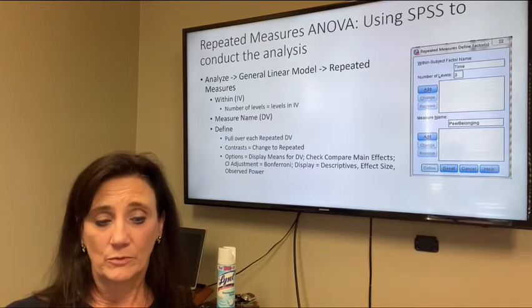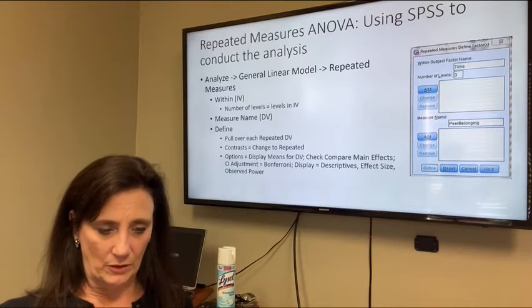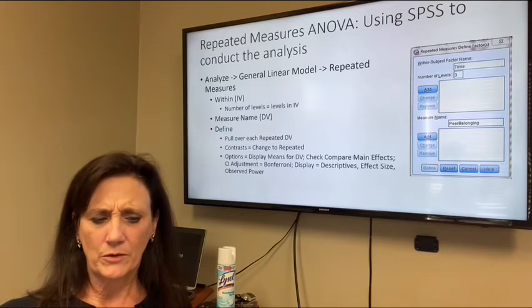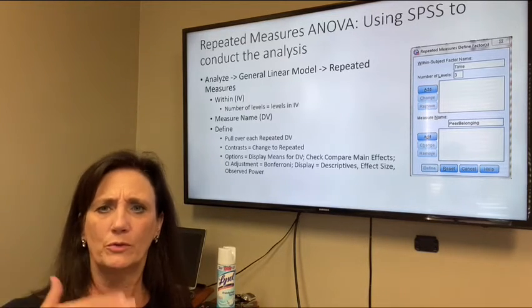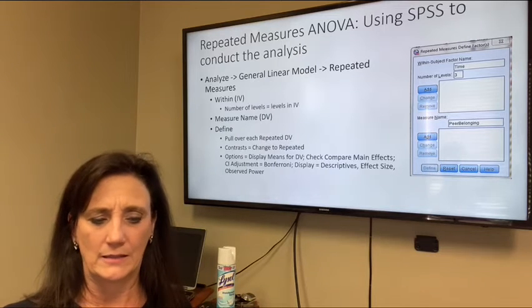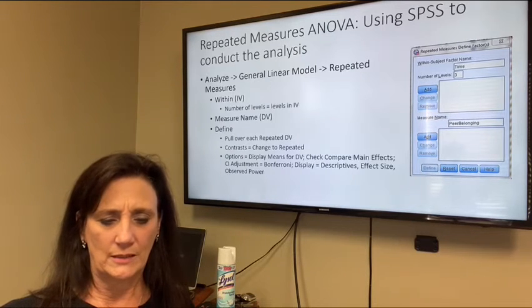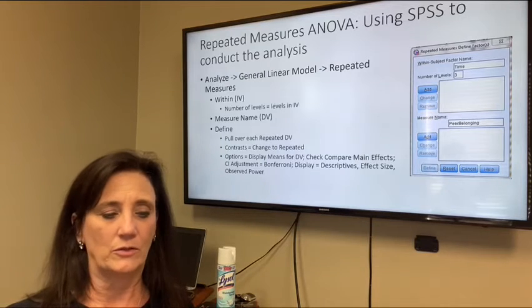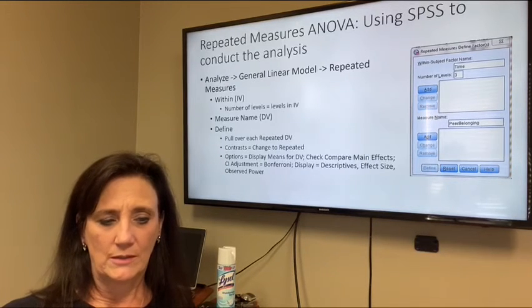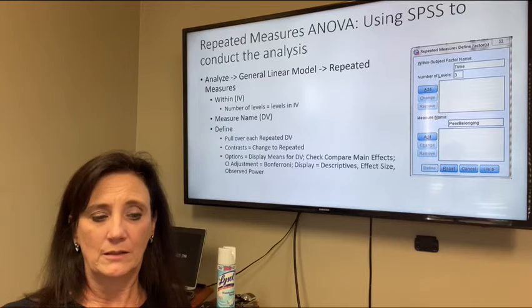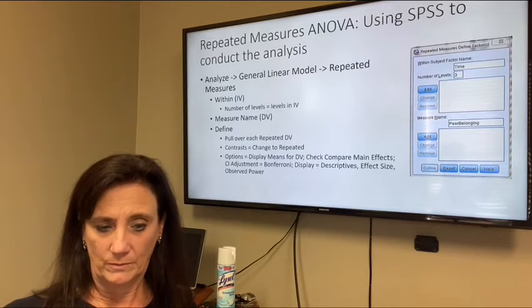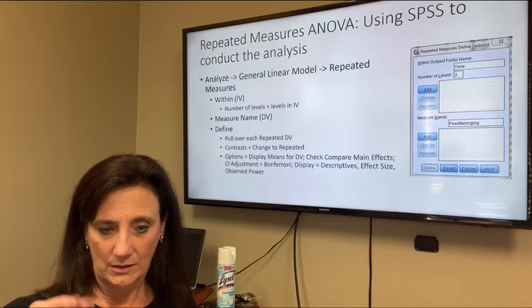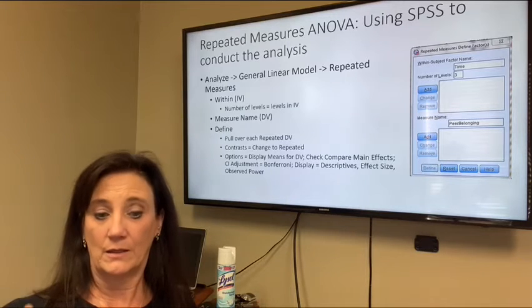The next thing you would look at is a repeated measures ANOVA. And so the text here steps you through all the choices you need to make. One of the more confusing things is this little screen here where you have to define the factors. What I want you to notice is that the within is the independent variable. See where it says within subject factor name.